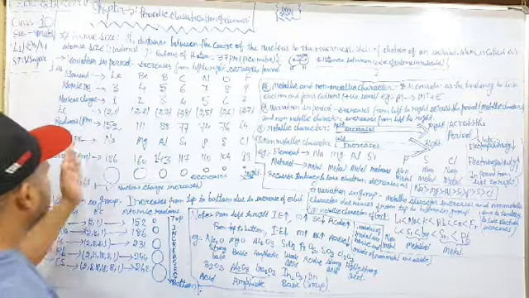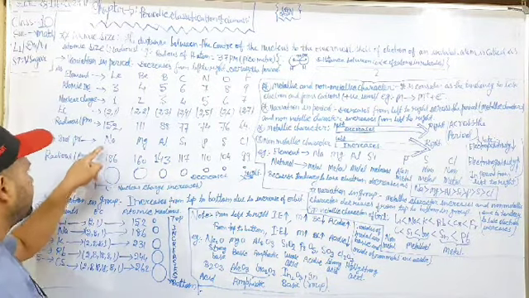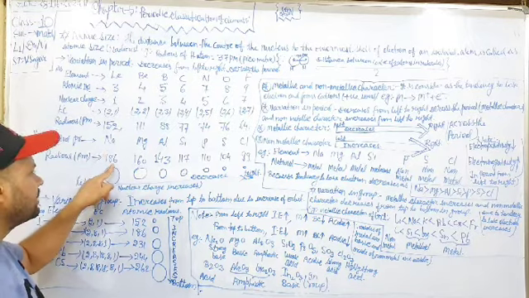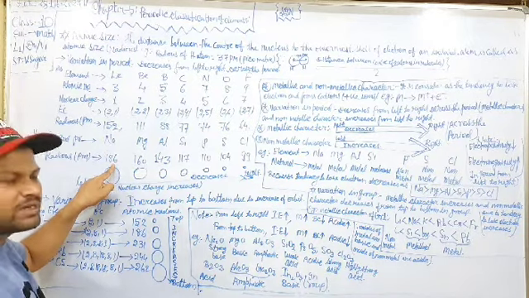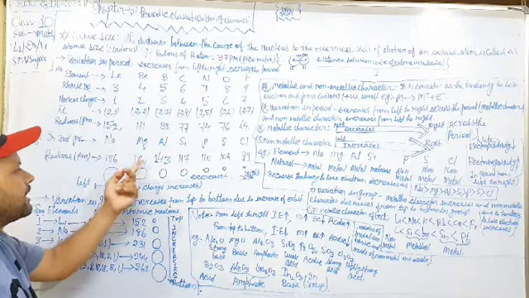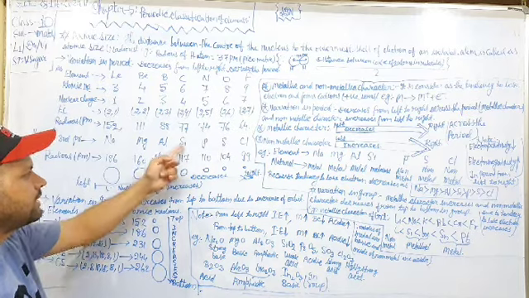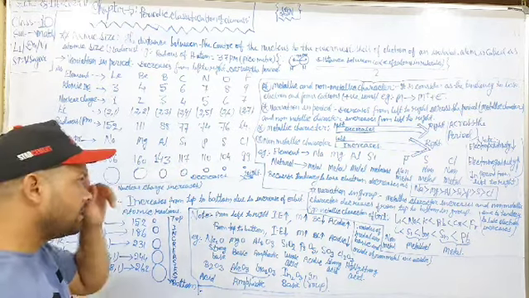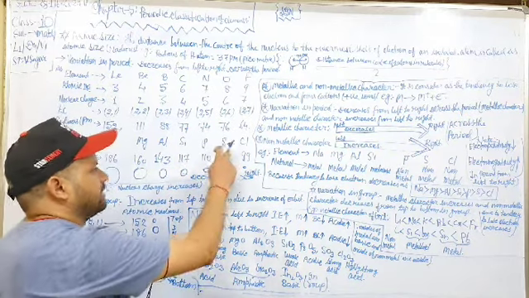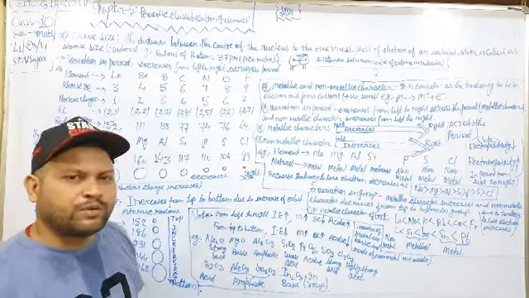In the third period the same thing takes place. The atomic size of sodium is 186 picometer and it decreases towards the right. The atomic size of magnesium is 160, aluminum is 143, silicon is 117, phosphorus is 110, sulfur is 104, and chlorine is 99 picometer.